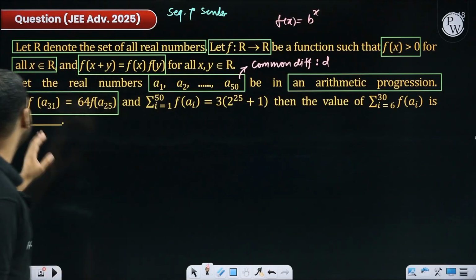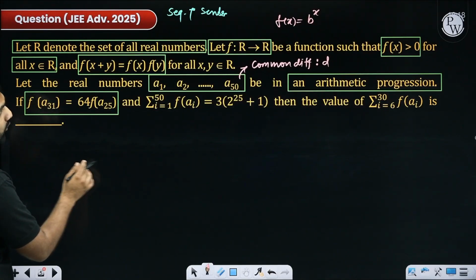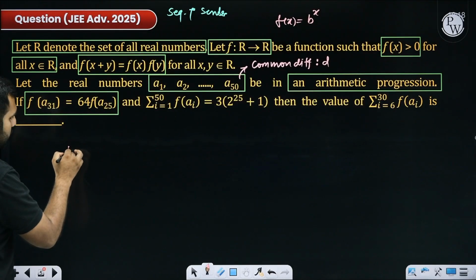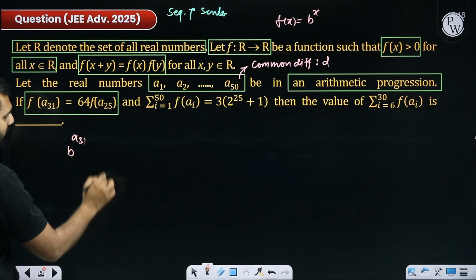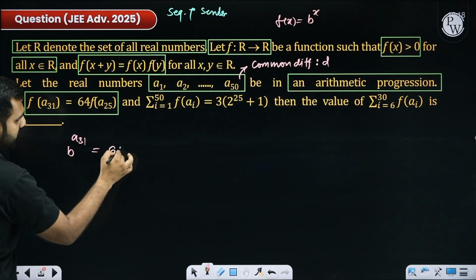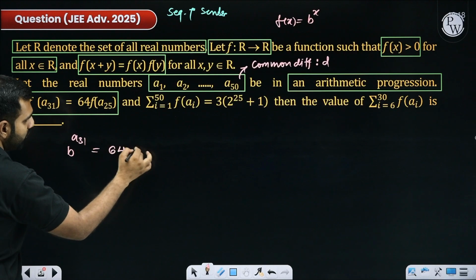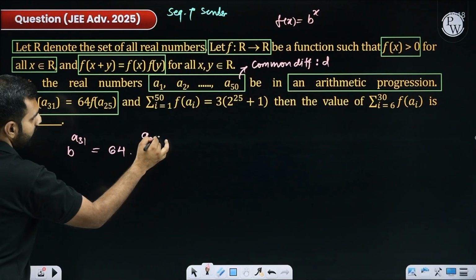So f of a31, with f of x being b to the power x, will be b to the power a31, yes or no? X is replaced by a31, equal to 64 times f of a25. So it is clearly again b to the power a25, yes or no?